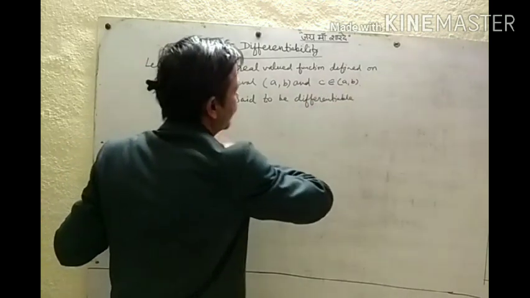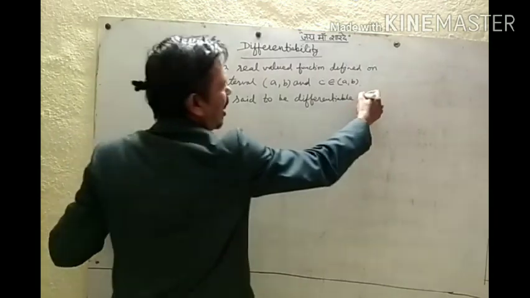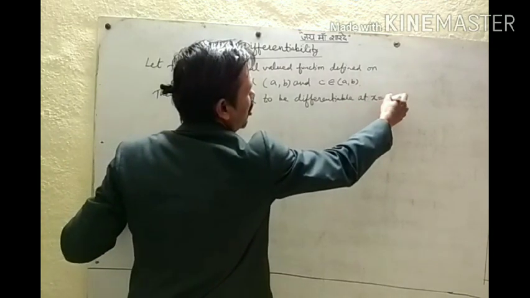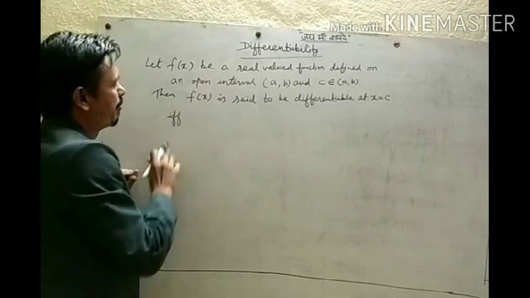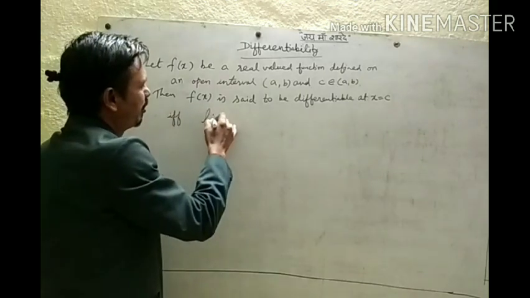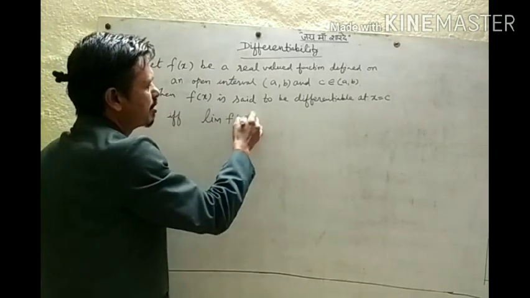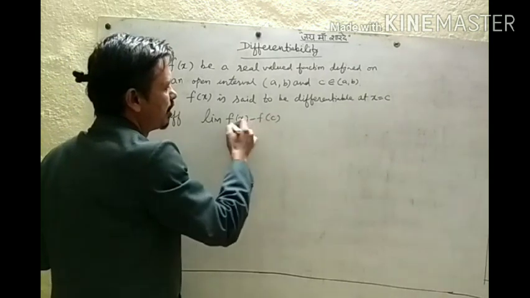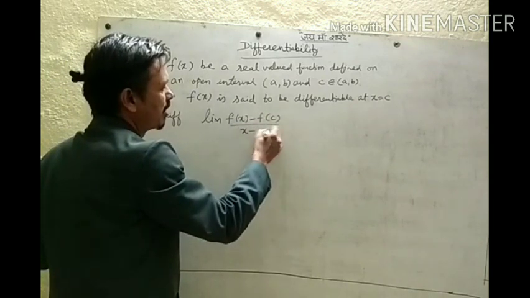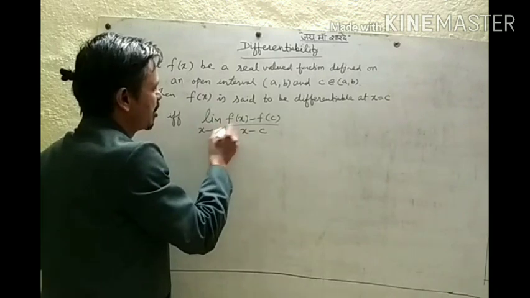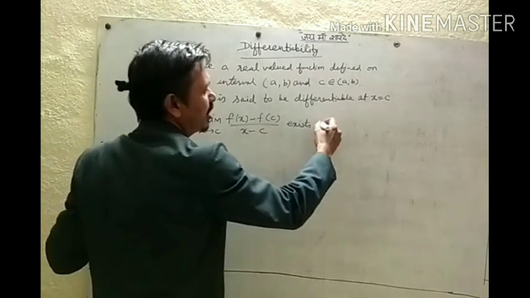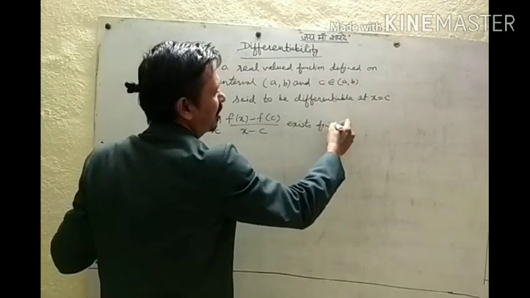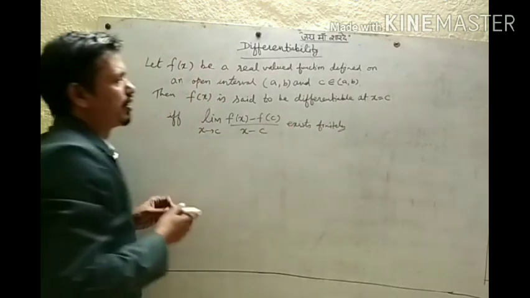This function f of x is said to be differentiable at x equal to c if the limit of (f of x minus f of c) upon (x minus c) when x tends to c exists and is finite. Okay?